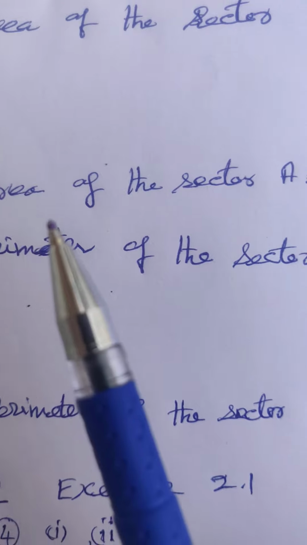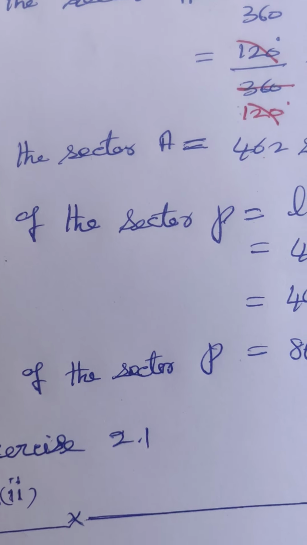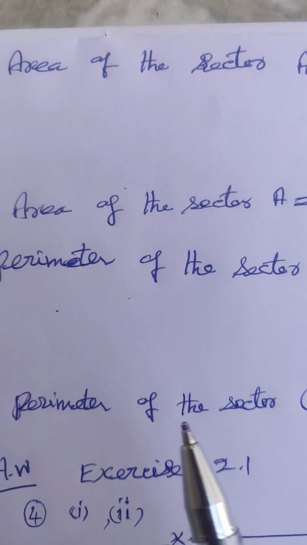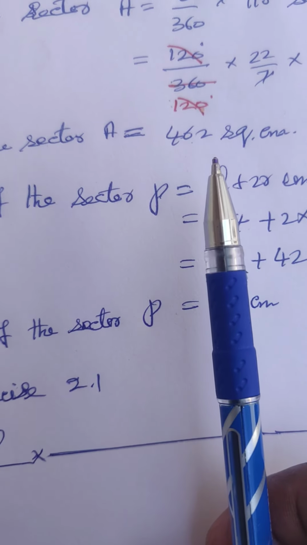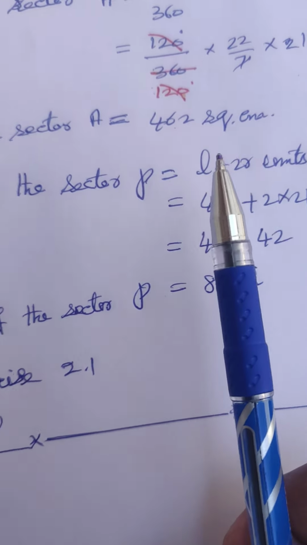Therefore, area of the sector A is 462 square centimeter.